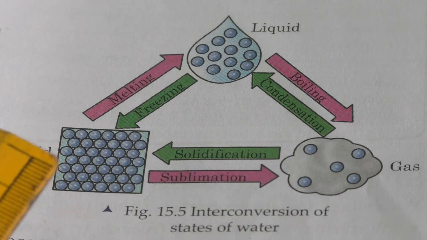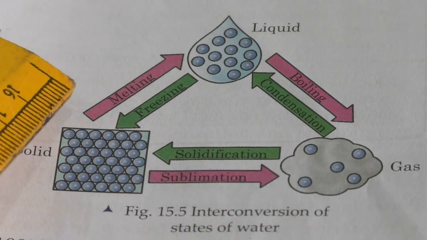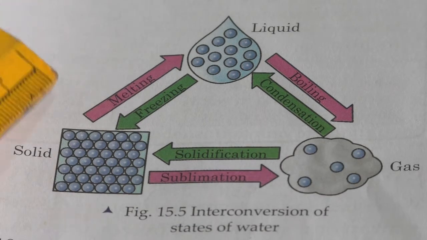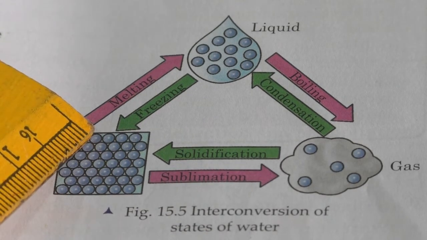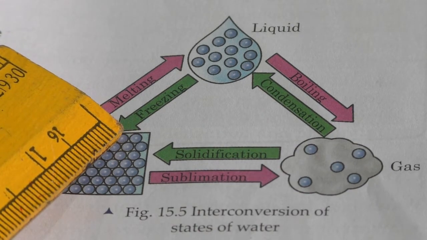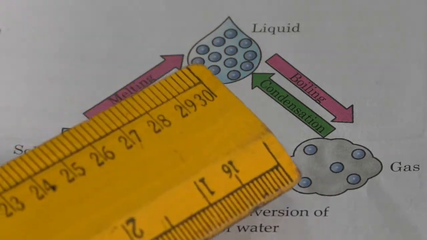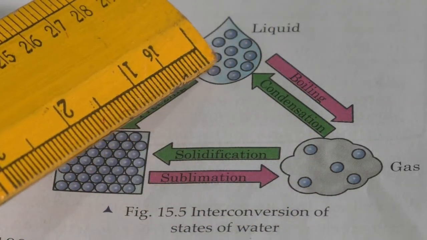So as I said, solid is converted to liquid by melting. And then liquid is converted to solid by freezing. Clear? And then liquid is converted to gas by boiling. You are getting water vapor. Is it not?